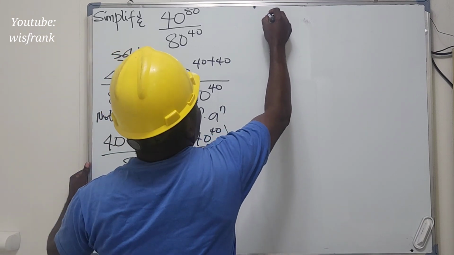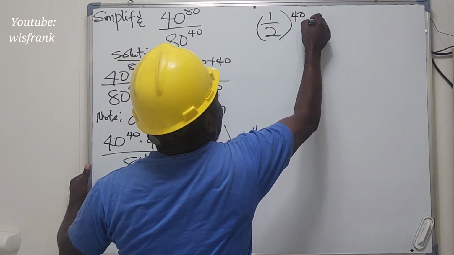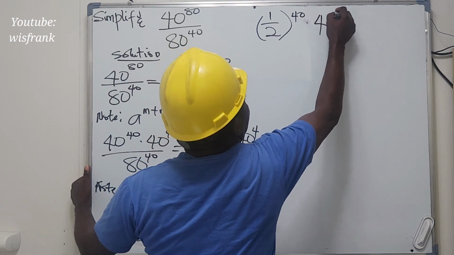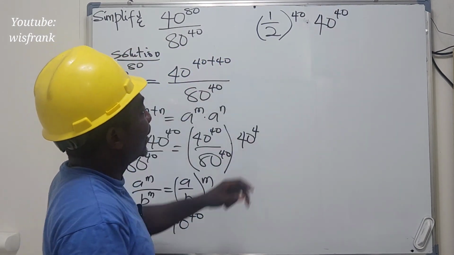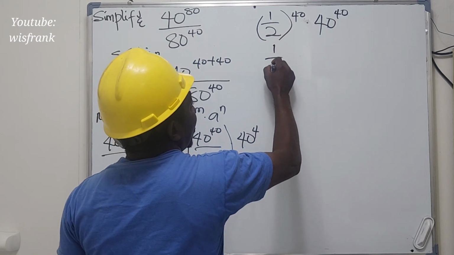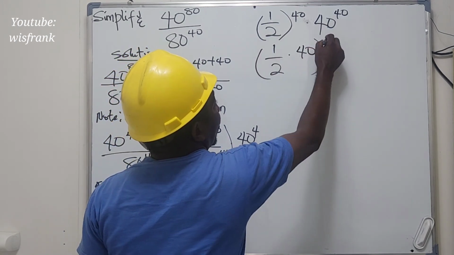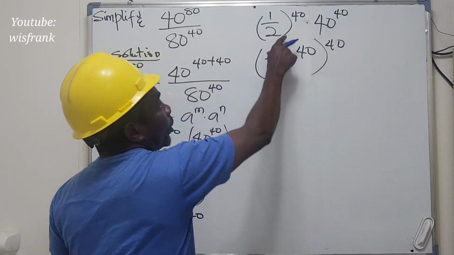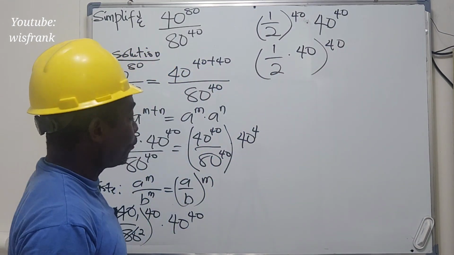So we have here as 1 all over 2 all to the power of 40 times 40 to the power of 40. So this is the same thing as writing 1 all over 2 times 40 all to the power of 40, because we multiply this and all of them are to the same power of 40.